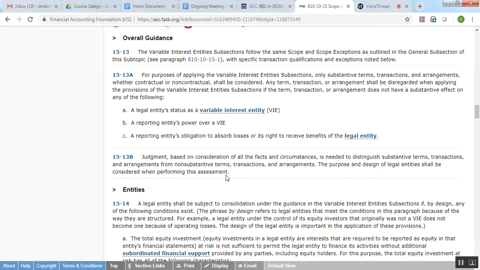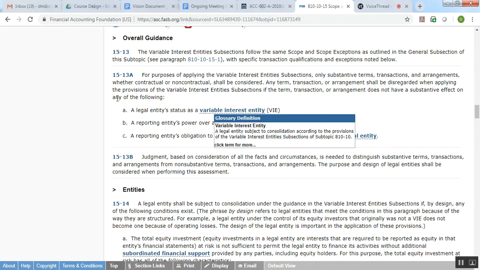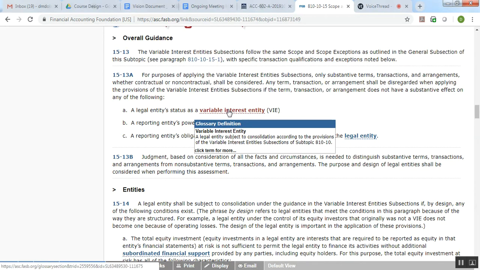For purposes of applying the VIE subsections, only substantive terms, transactions, and agreements shall be considered, if the term, transaction, or arrangement does not have a substantive effect on any of the following. So, again, any, not, what does this mean?